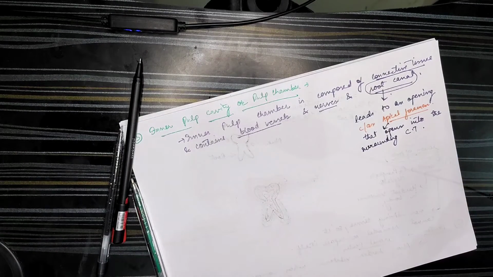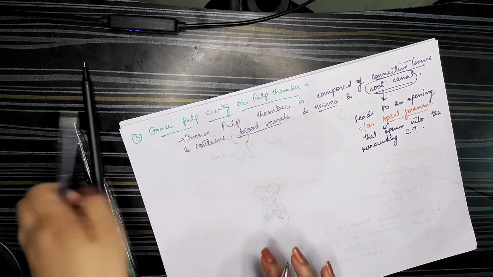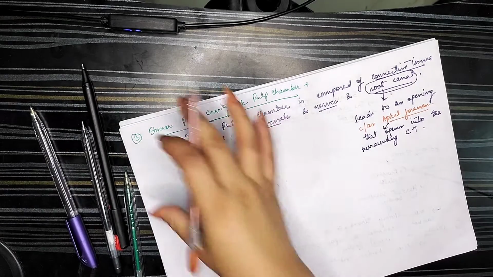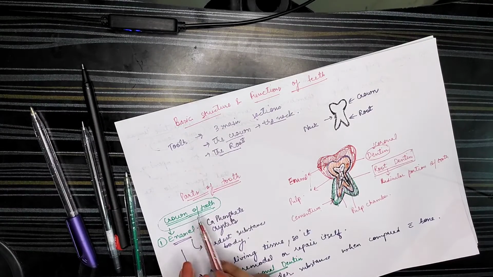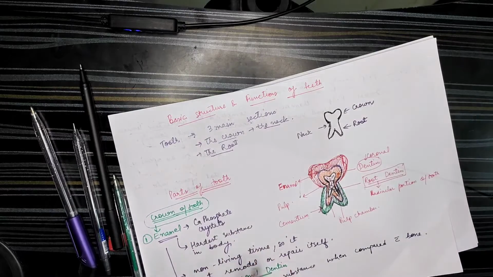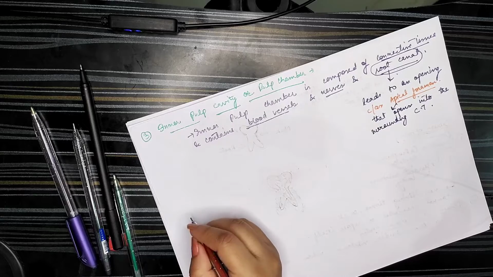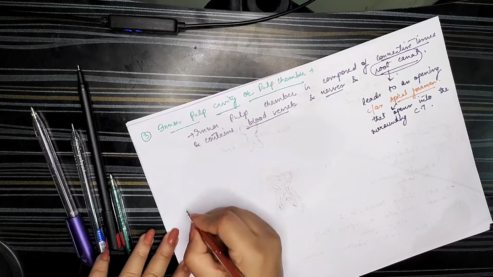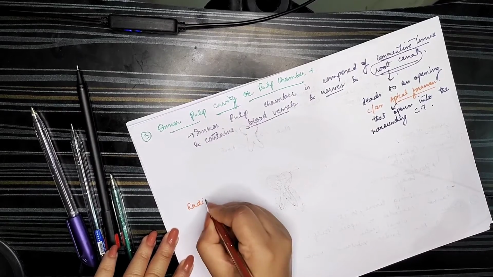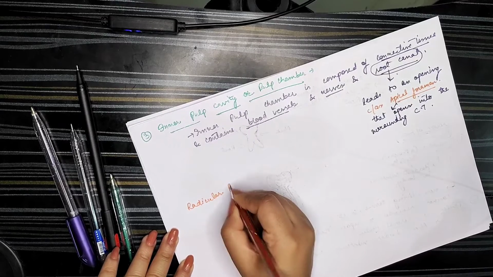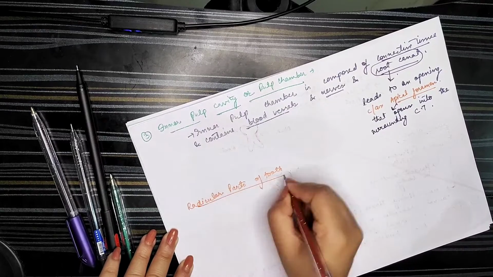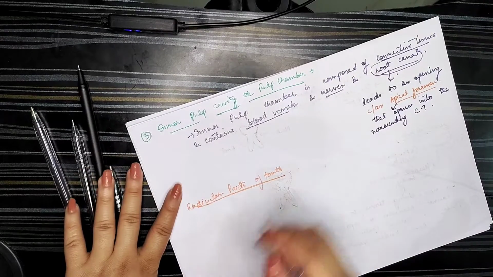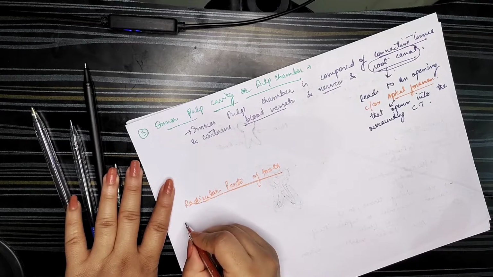Okay, so after we are done with the coronal parts of the tooth, enamel, dentine and pulp, now we proceed on with the radicular parts of tooth.